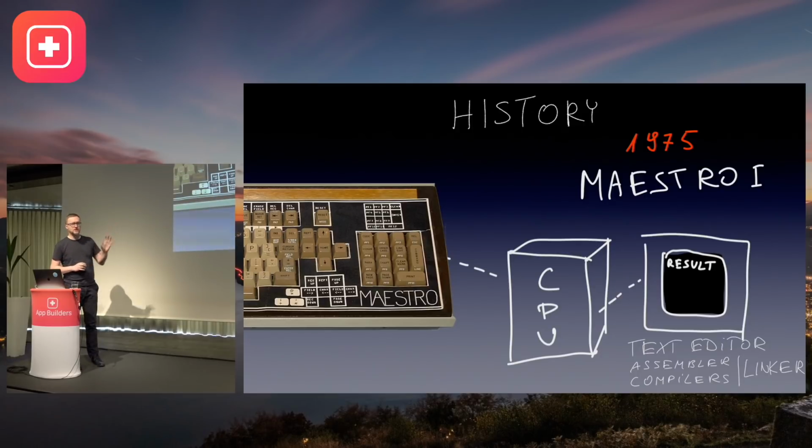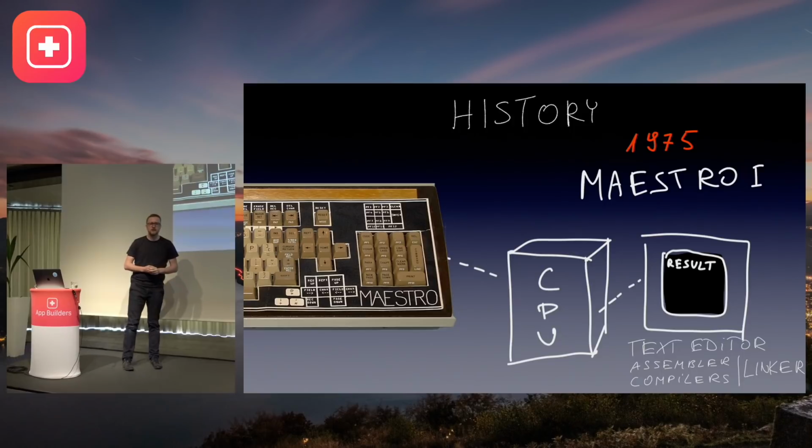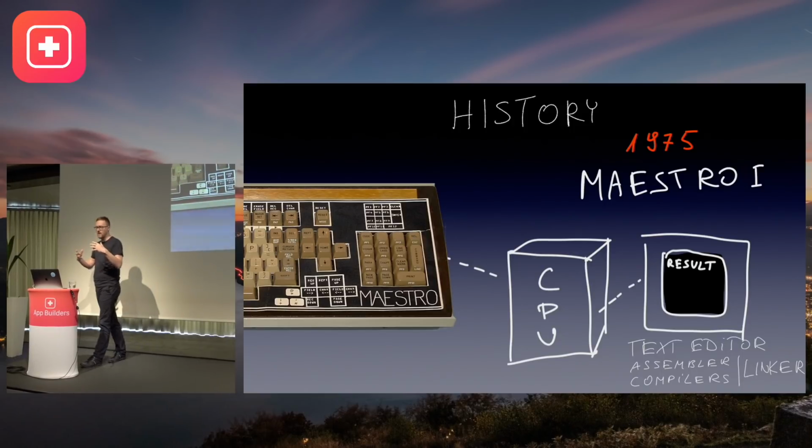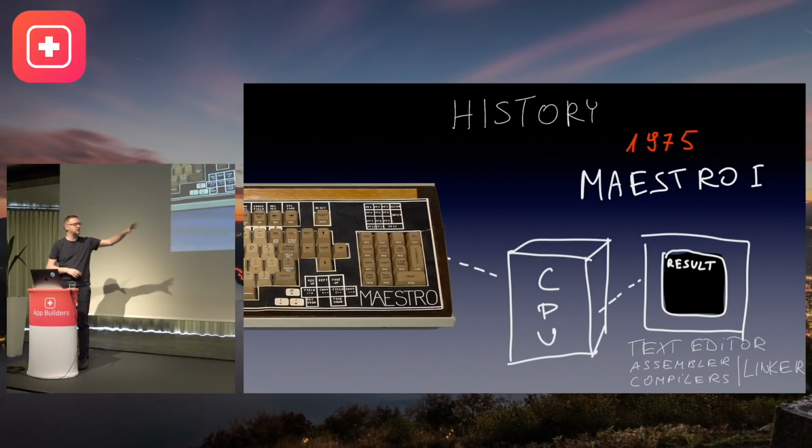Why is this the first revolution in IDE? Before Maestro 1, if you wanted to get the output from the machine, you had to fill the page of your code, press enter or whatever, and then it was processed. Here, whenever you pressed enter or you sent a command, it was immediately executed and you got the feedback.